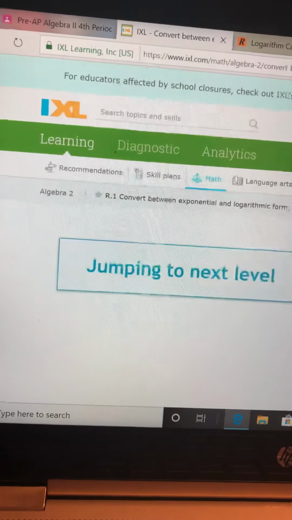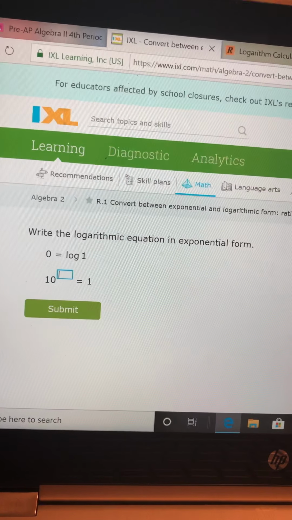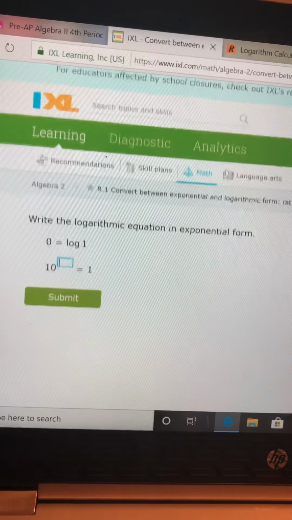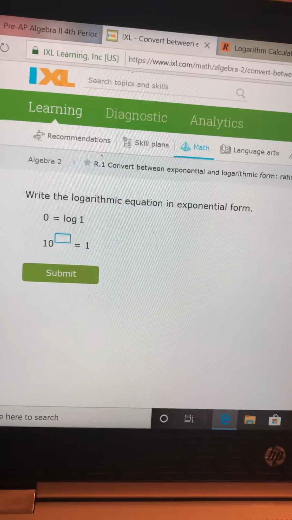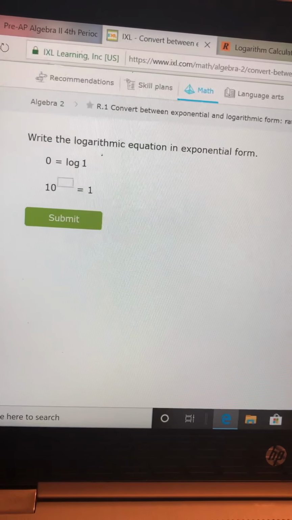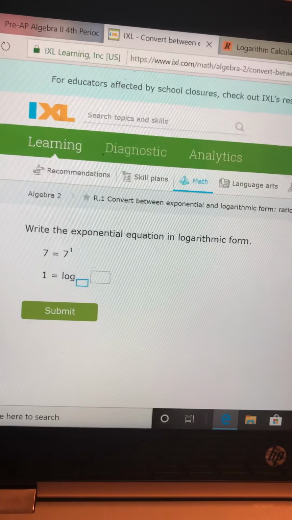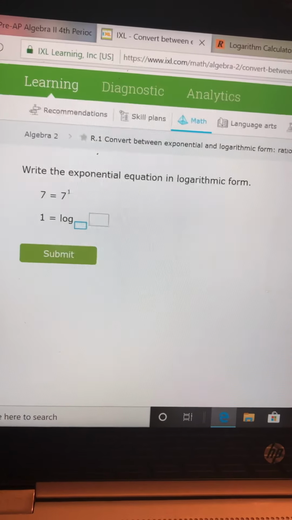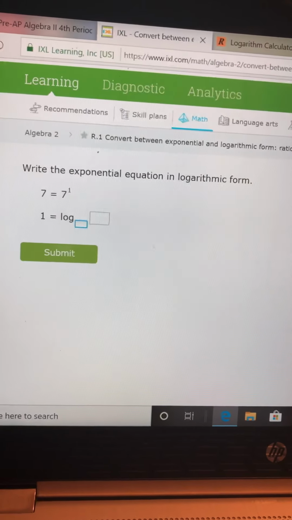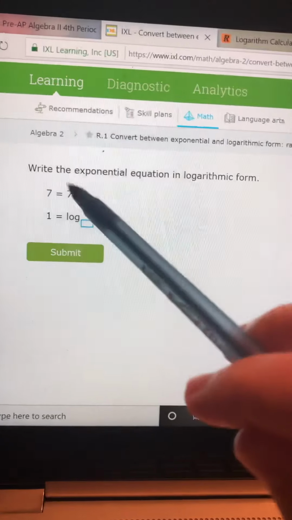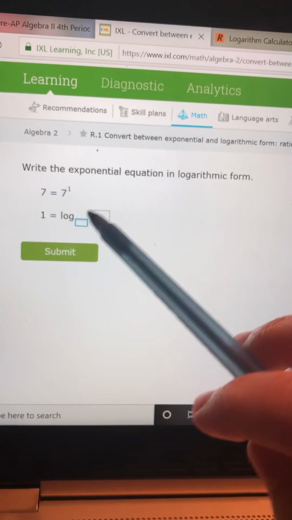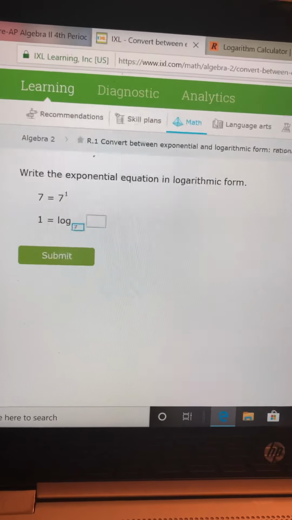Let's jump ahead and make sure. 10 to the 0 power equals 1 would be that one. Let's go 1. Oh, this one makes you fill in 2 blanks. But this one's easy because, look, they've already used the 1. Log base 7 of 7 is equal to 1.